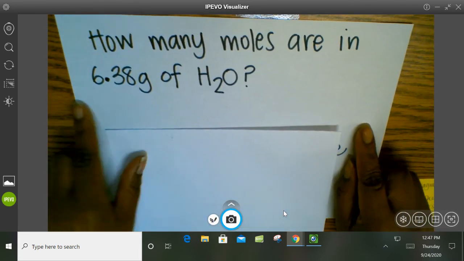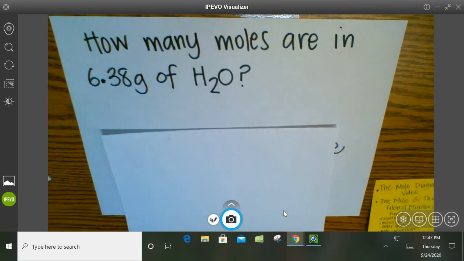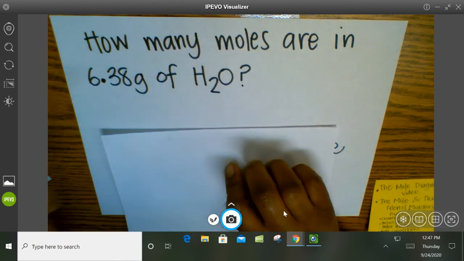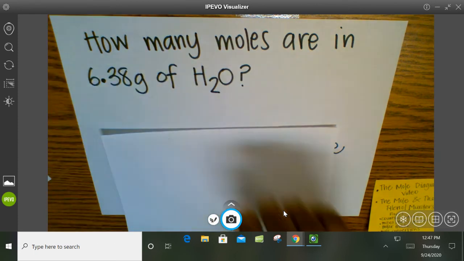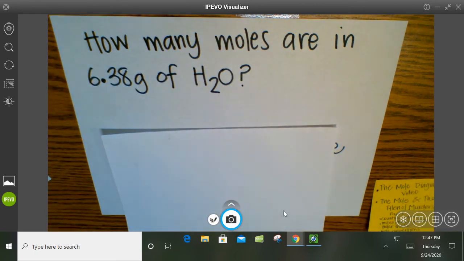Here's our first example. Hopefully you're going to work this problem with me because it's always better when we do it together. How many moles are in 6.38 grams of H2O, which is water? We're going to figure out what this problem is asking us to find.